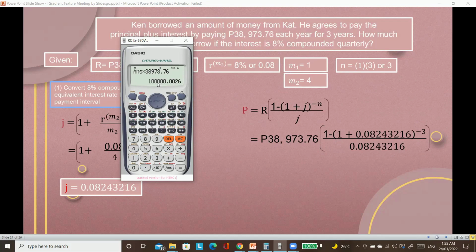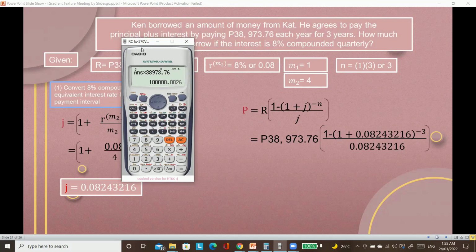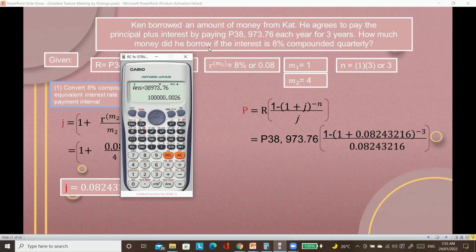Ang ating present value na binorrow ni Ken kay Kat ay 100,000 pesos. So, ito na yung ating P. So, ganyan lang kuhanin yung present value.